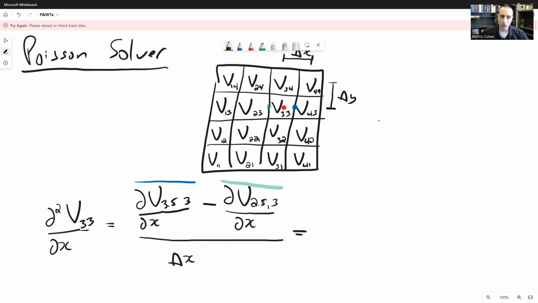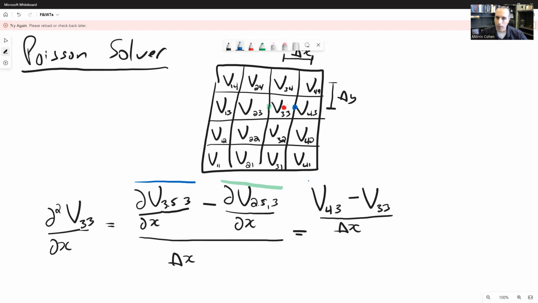All right, so let's approximate this dV at 3.5, 3 over dx. This is going to be equal to V at 3.5 plus half a grid cell in the x direction, so V defined at 4,3, minus V defined at 3.5 minus half a cell, so V defined at 3,3, and divide that by delta x.